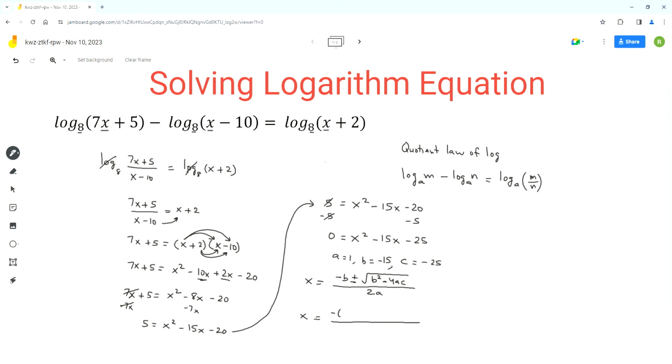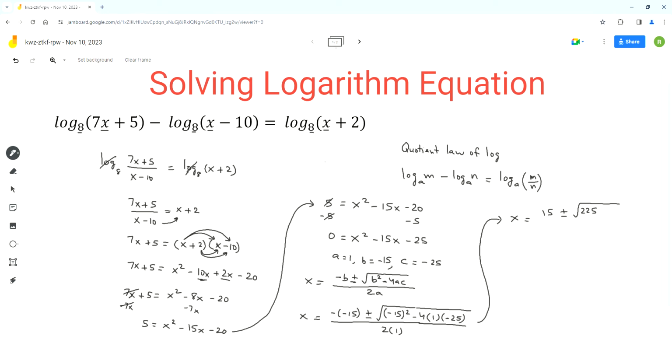We can sub in the values of a, b and c. So b is negative 15. So minus negative 15 plus minus the square root of negative 15 squared minus 4 times 1 times negative 25, over 2 times 1. x equals 15 plus minus, and the square of negative 15 is 225.